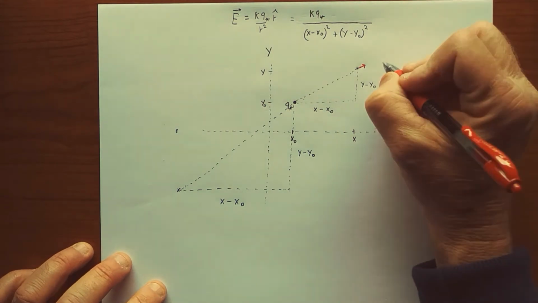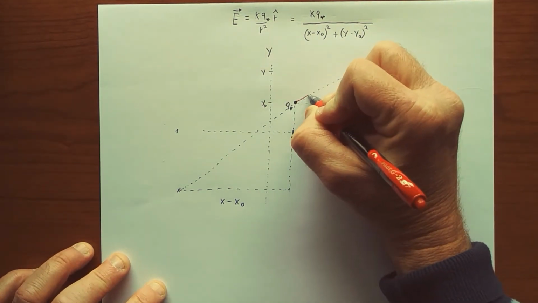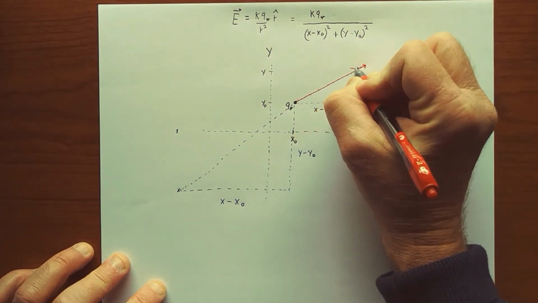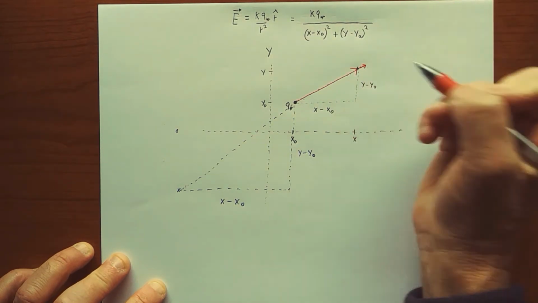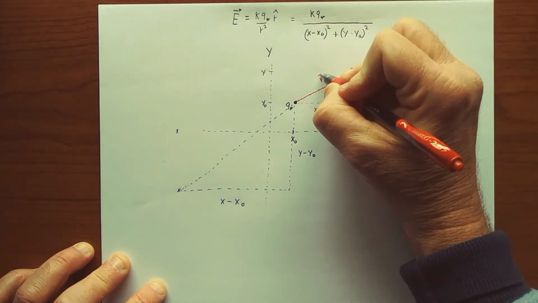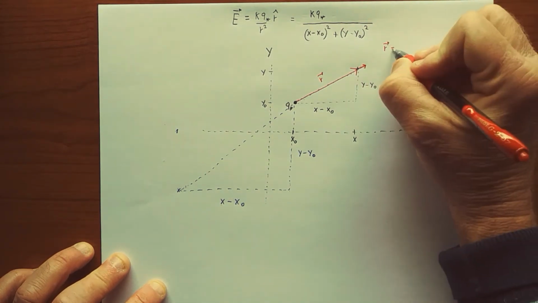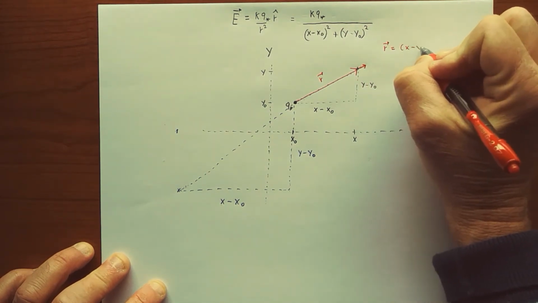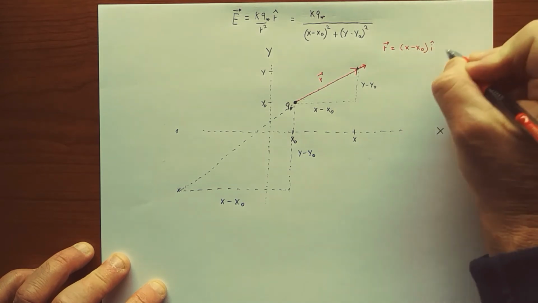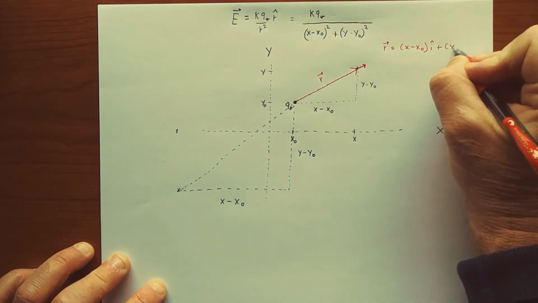So let's do that in red. So this here is actually a vector, but it's not a unit vector. We need a unit vector. So let's just call this r vector, and r vector has components x minus x naught and y minus y naught.